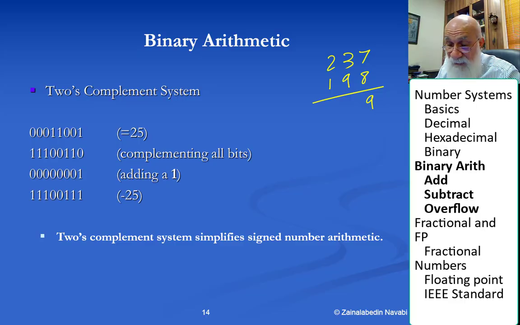I cannot do this, and therefore I do another borrowing, and this becomes 3, and then this becomes 0. So I had to borrow, and for binary I basically do the same thing.